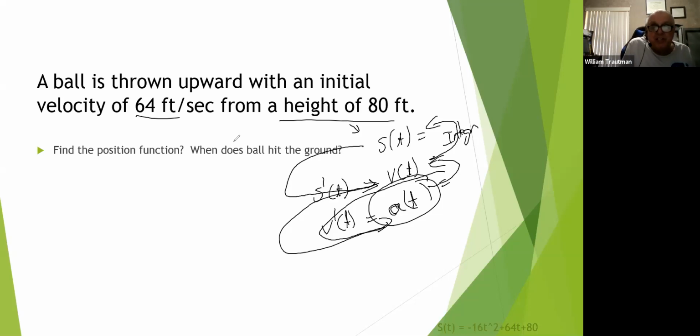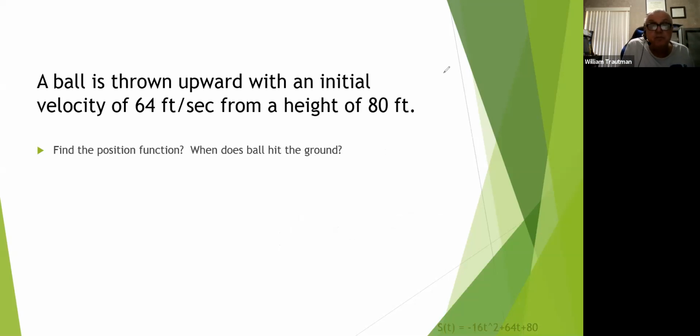This is crazy, but it's doable. Don't forget, when we go down, we take the derivative of this, we get velocity. Take the derivative of this, we get acceleration. So with derivatives we start here and go down. Integrate, we start here and we go up.